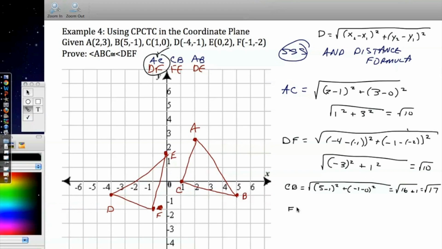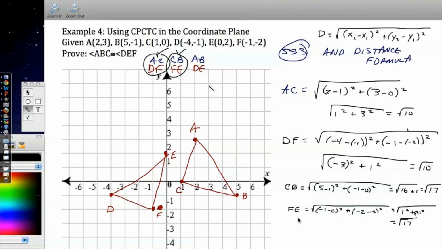We're going to compare that to FE, which is going to give us -1 minus 0 squared and -2 minus 2 squared. It's going to give us 1 squared plus -4 squared, which is equal to square root of 17. So it's the same. So these two check out also.